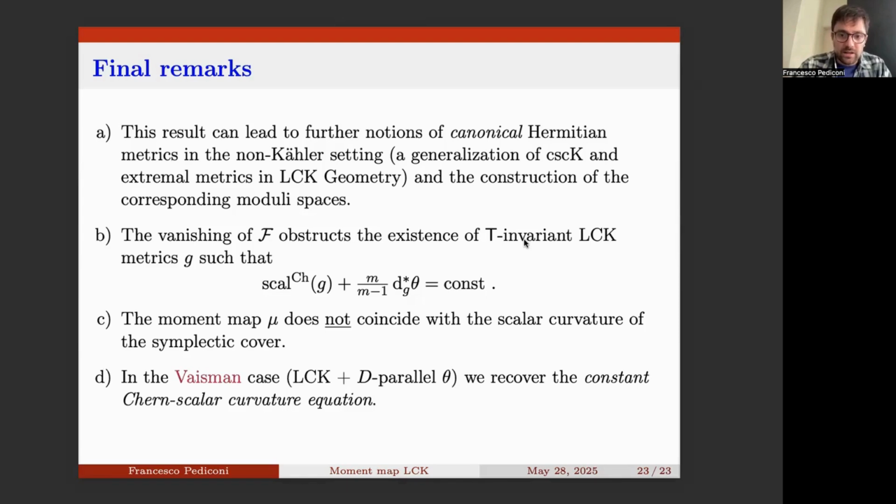And finally, of course, in the Weismann case, where Weismann means that the Lee form is parallel with respect to the Levi-Civita connection, this equation that we found just corresponds to the constant scalar curvature equation. Yes, and I think that this is all I wanted to say.